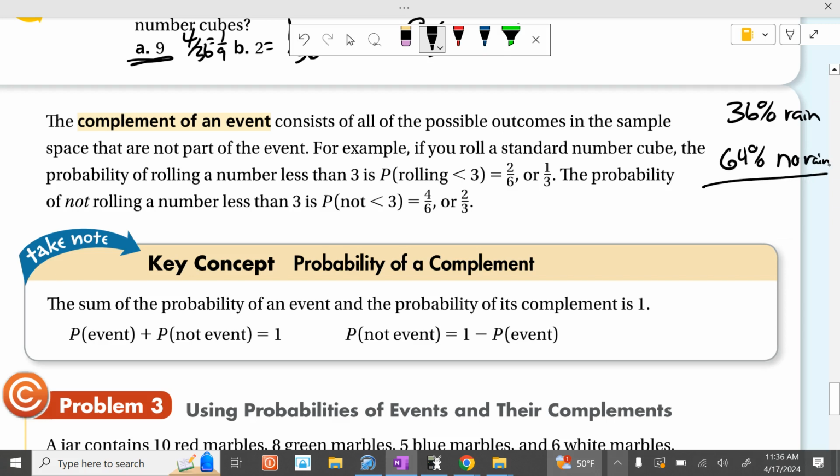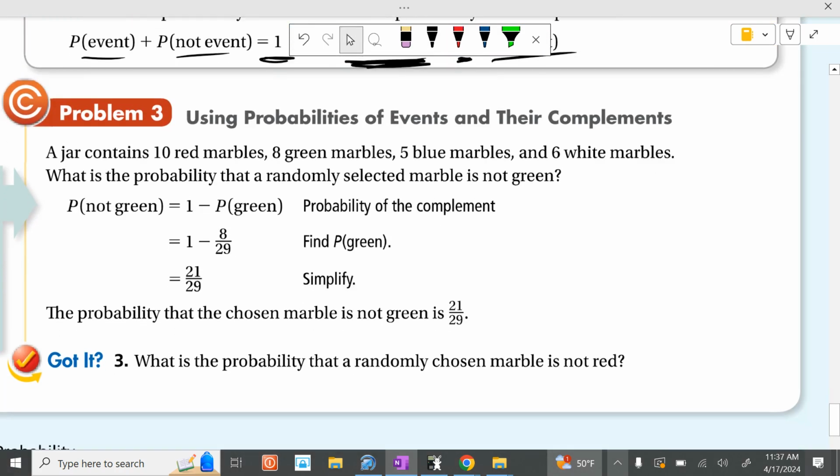This is the complement of this. The complement is whatever is left over, okay? So you just subtract, okay? So the probability of the event plus the probability of the not event should add up to 100% probability. So the complement is, what is it not? Well, you take 1 minus it happening, okay?